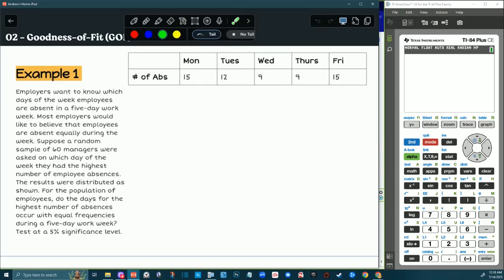And in this goodness of fit test, we're checking, do the differences between these days represent a statistically significant difference? Or based on a sample of only 60, are these close enough together that we cannot statistically state that there's a difference between those days? So we know for the state step, we're going to define our variable of interest.